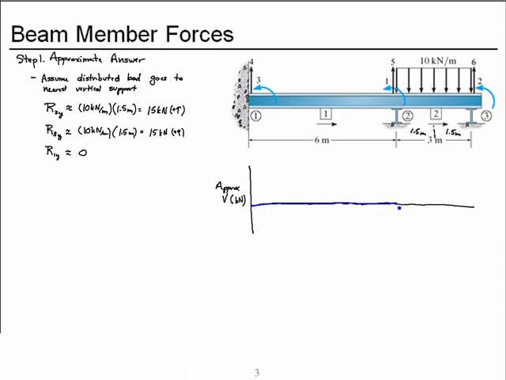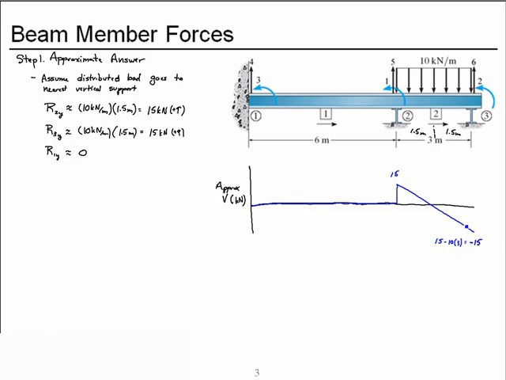Then at reaction 2, it jumps up a magnitude of 15 kilonewtons. And then we'll have a linear shear diagram because we have a constant distributed load, and it will decrease starting at a magnitude of 15 minus the distributed load acting over 3 meters gives us a minus 15 kilonewtons.